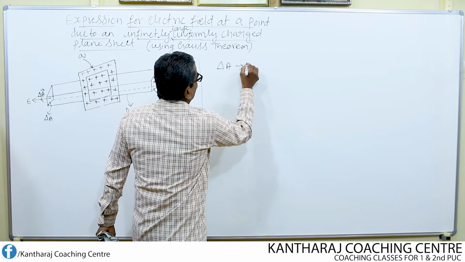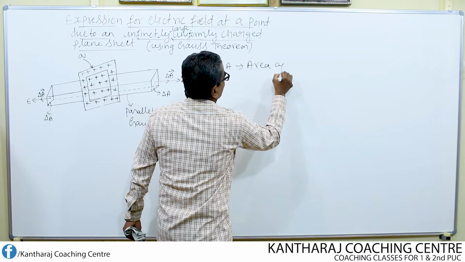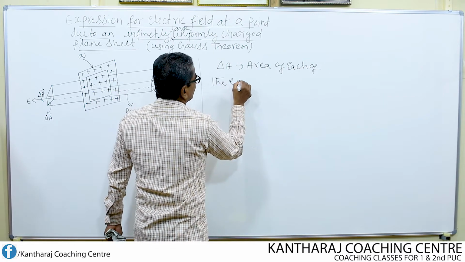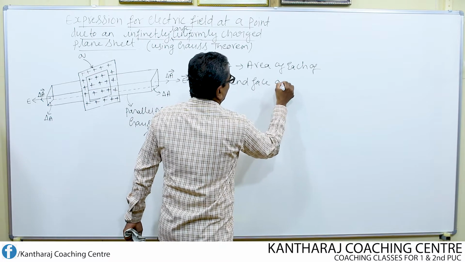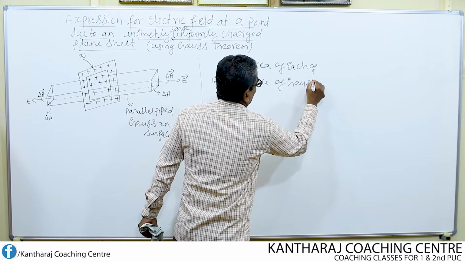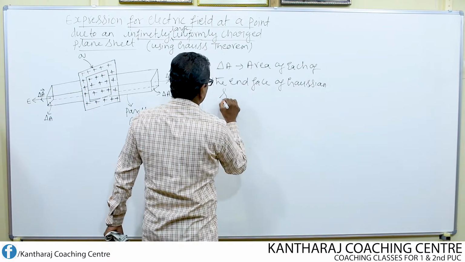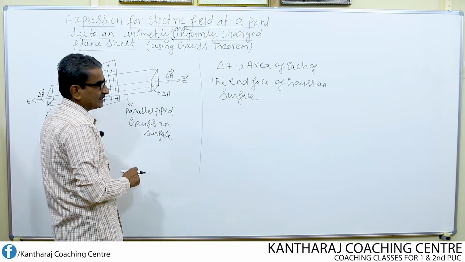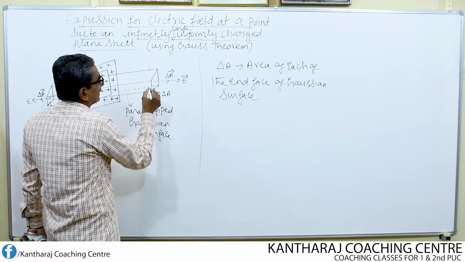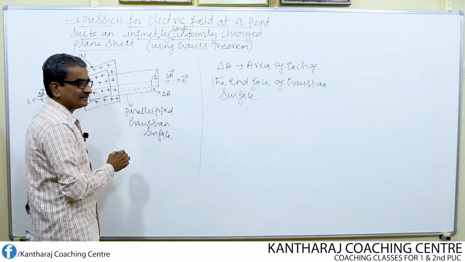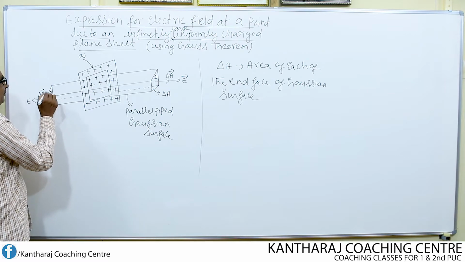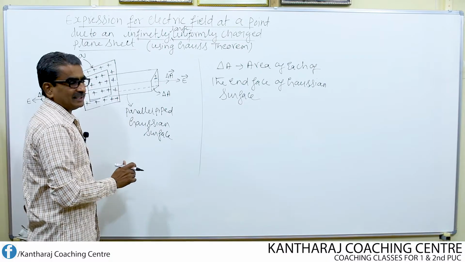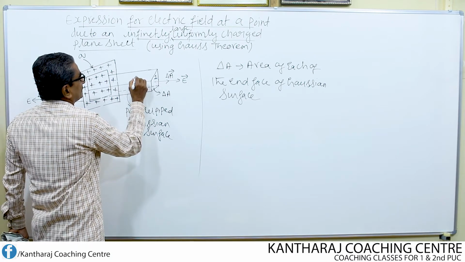Delta A is the area of each of the end faces of the parallel piped Gaussian surface. I can call this end face 1 and this end face 2. So, two end faces and the top face I consider.